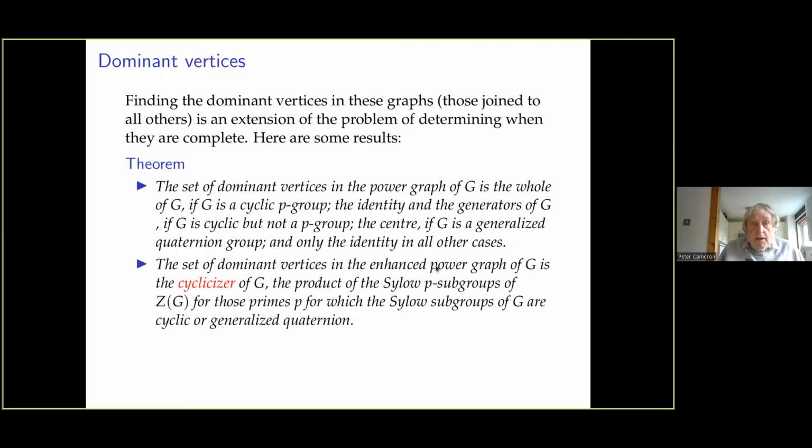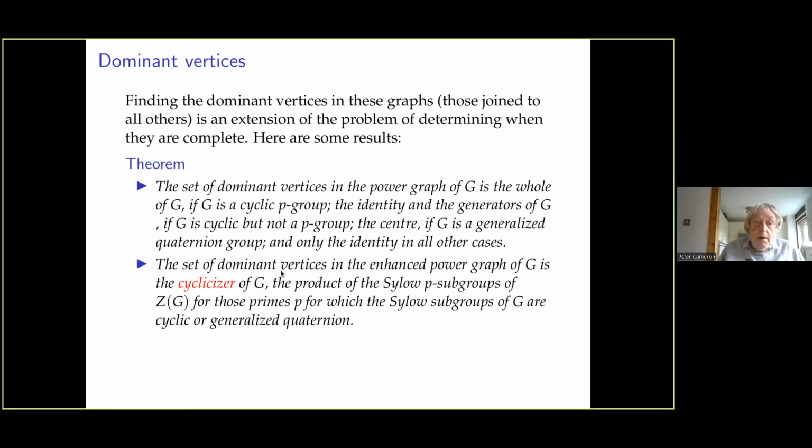In the enhanced power graph, the set of dominant vertices is a subgroup of G that has made its appearance in various places, but it's probably not as well known as it might be: the cyclicizer of G. By definition, we're looking at the set of dominant vertices in the enhanced power graph.